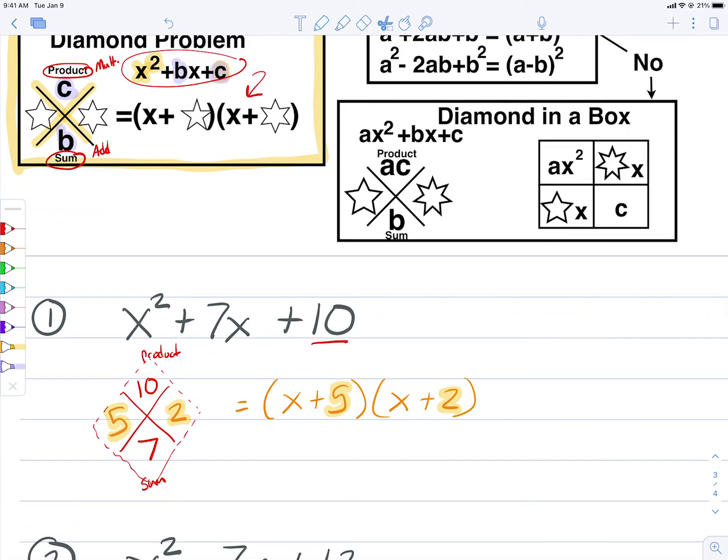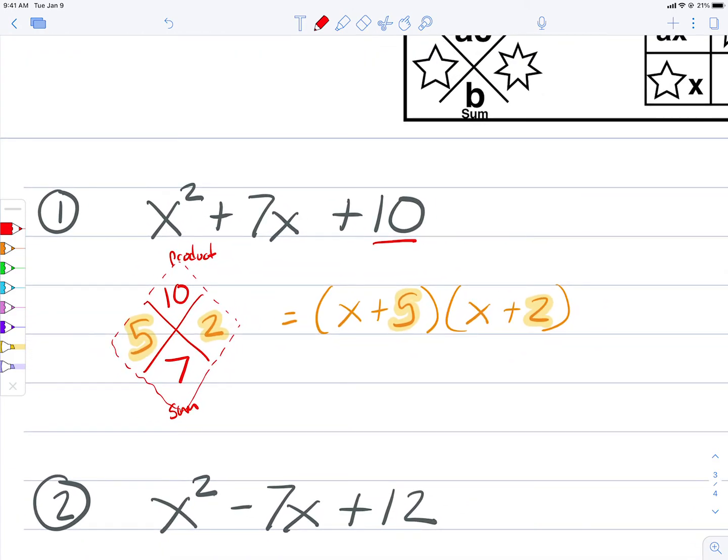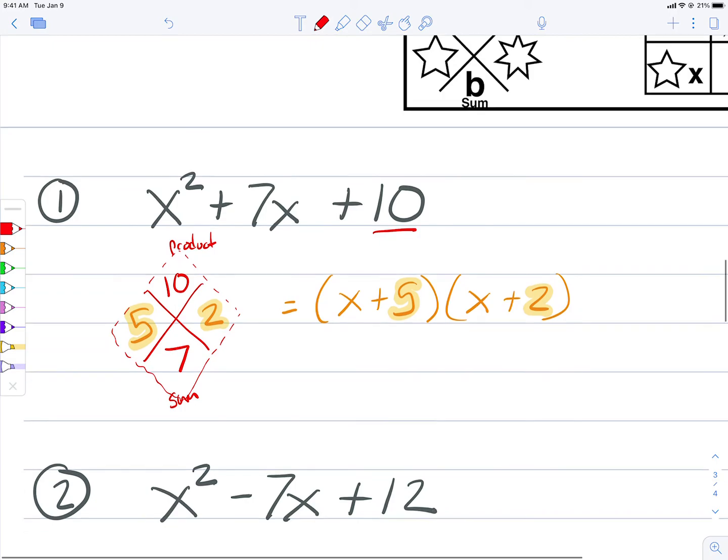If you look back again at your factoring flow chart, your two answers, which I have little pictures of stars, go in two sets of parentheses, binomials, with an x plus or minus whatever number we had first, and x plus or minus the other number. So that is our factored answer. So x squared plus 7x plus 10 factored is x plus 5 times x plus 2.